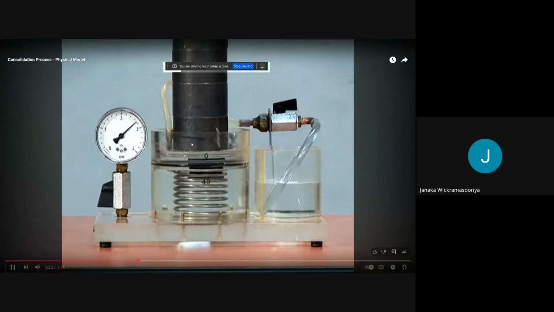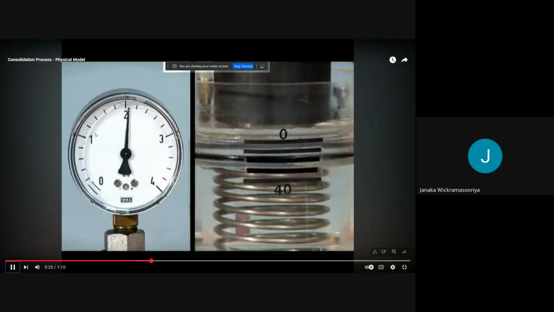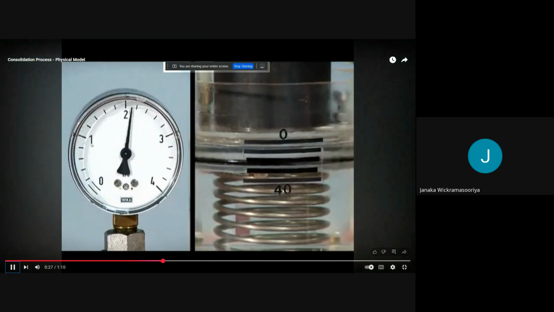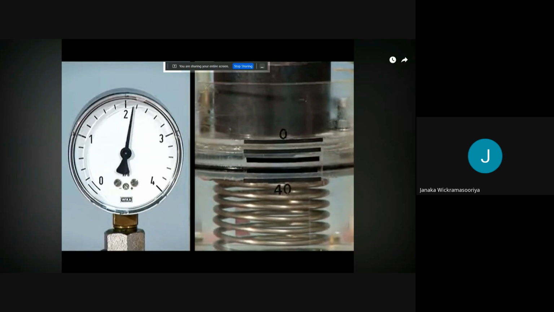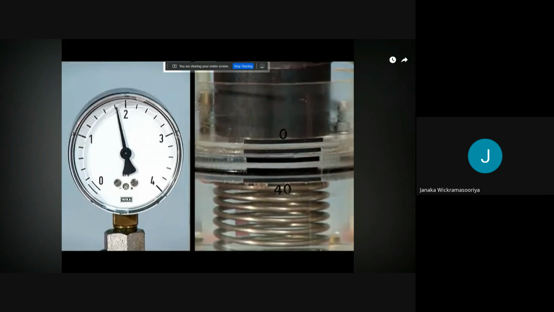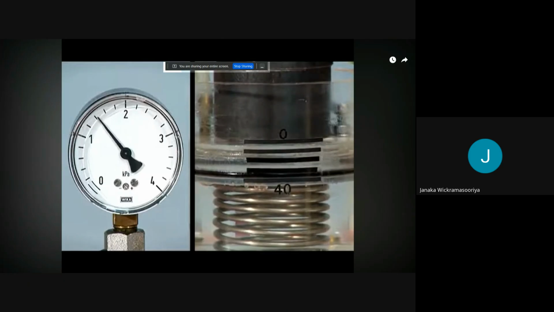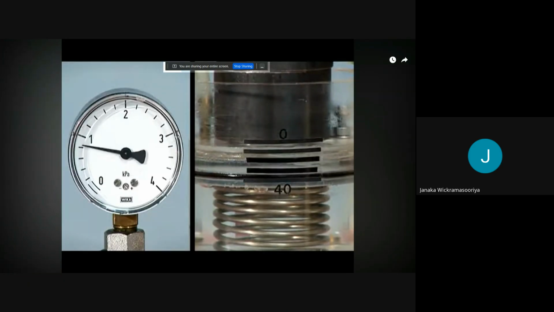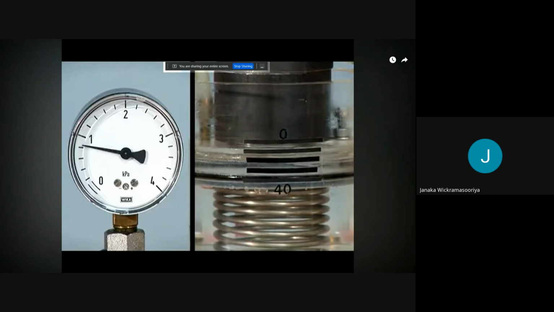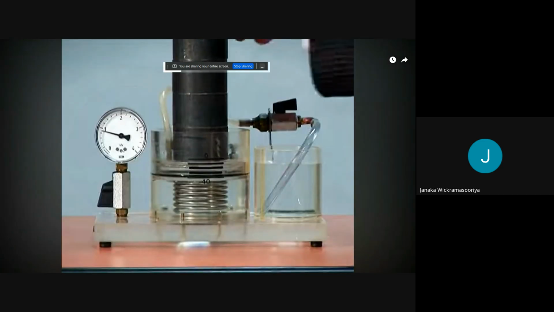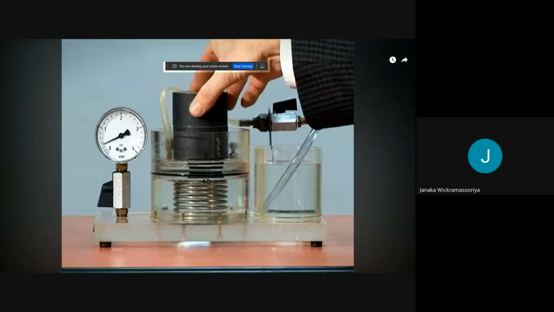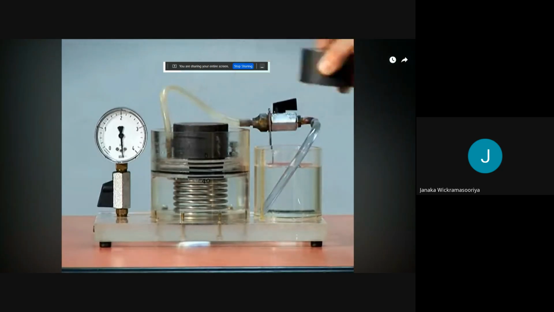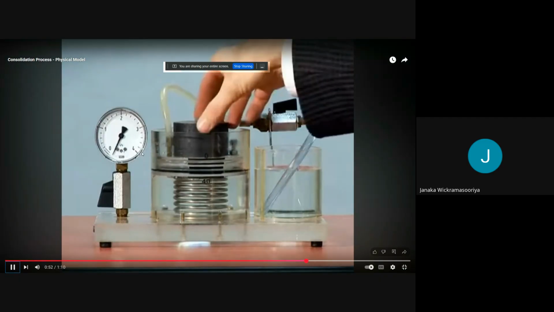Then you can see how the pressure goes down, and it will come down to a certain point where all the water is taken out. Then the load can be taken out. Right? That is what happens in the consolidation.